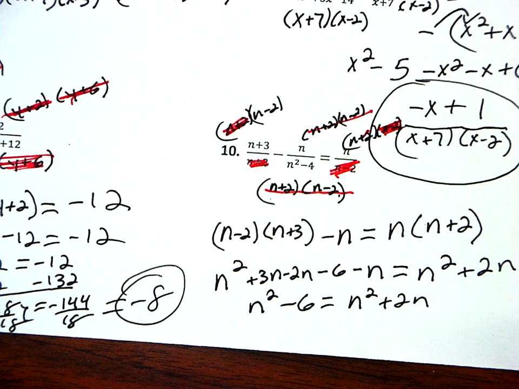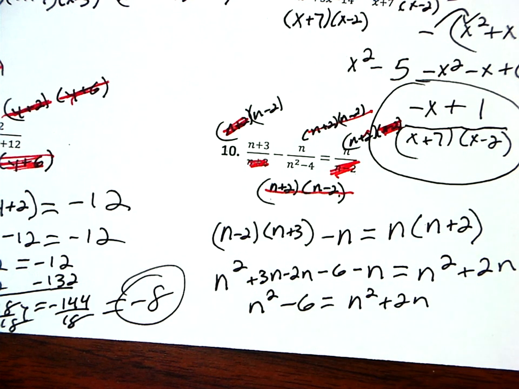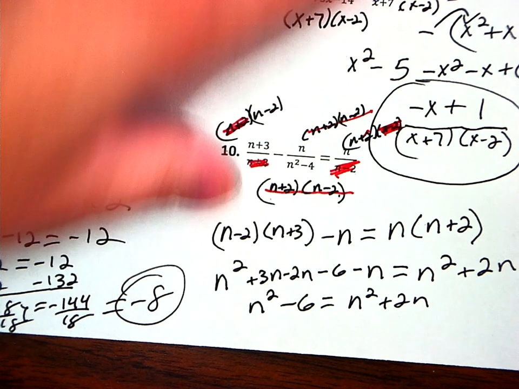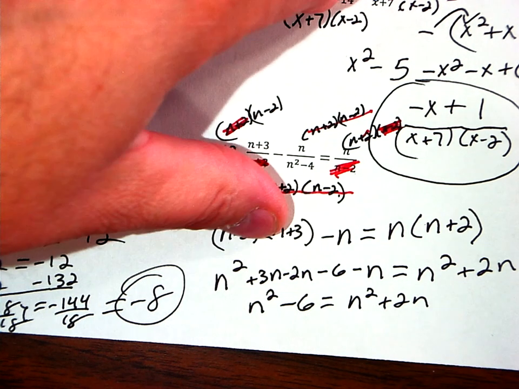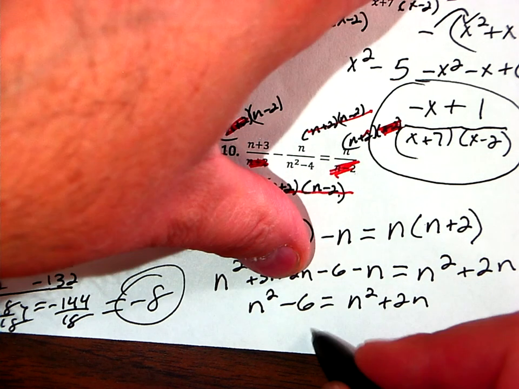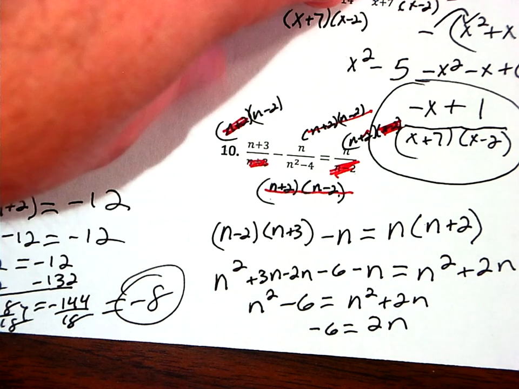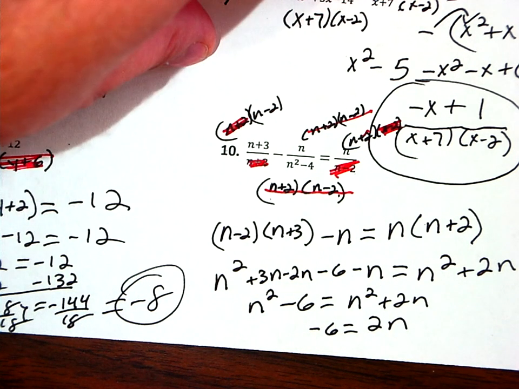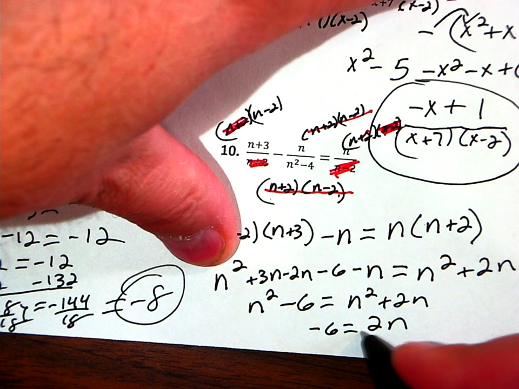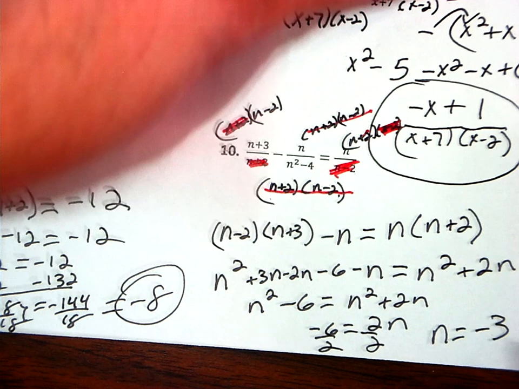So all the n's on the one side cancel. Well, the 3n minus 2n is 1n, 1n minus 1n is 0. So yes, they cancel there. All right, so now what's n squared minus n squared? Nothing. So negative 6 equals 2n. Oh, okay. So divide by 2, divide by 2, n equals negative 3.